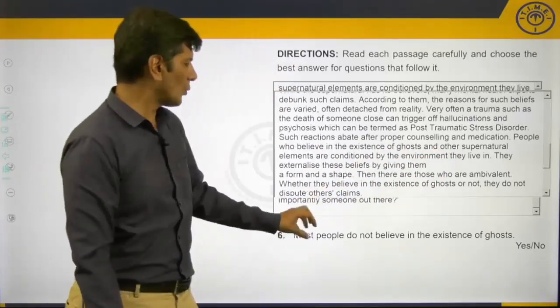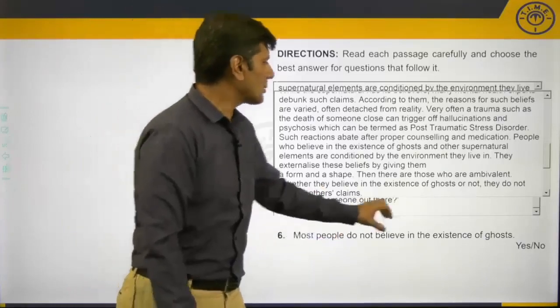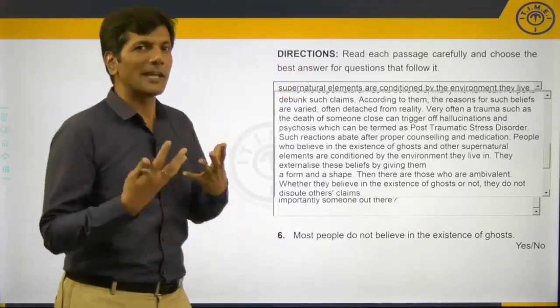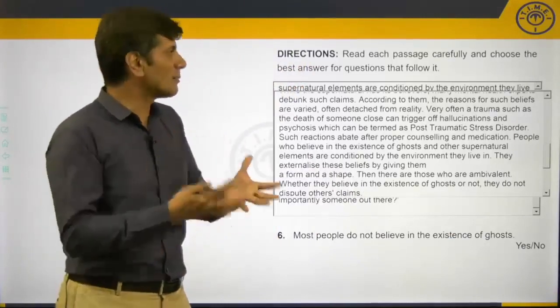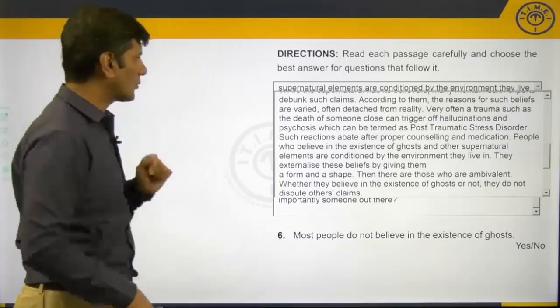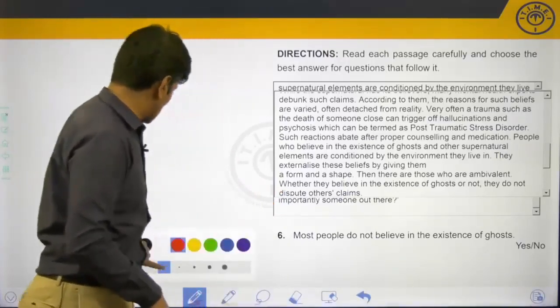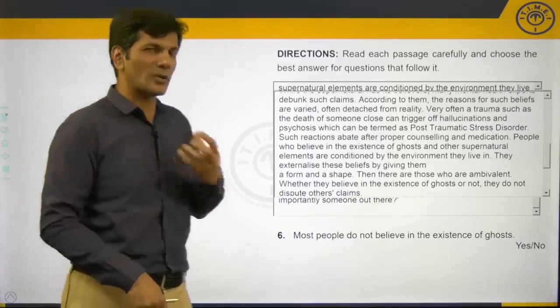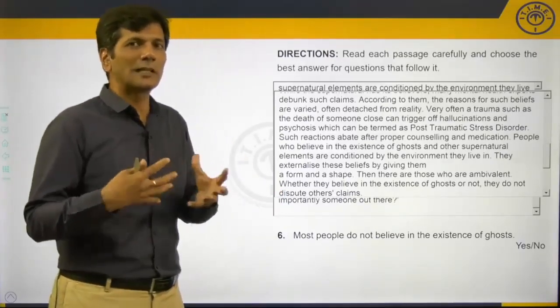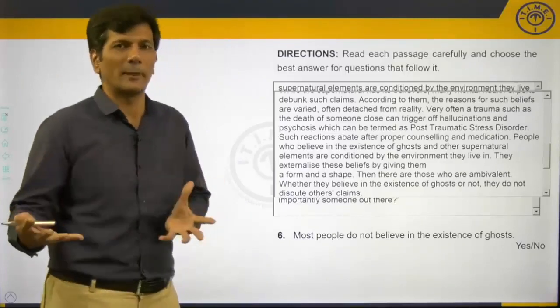So your question says, most people do not believe in the existence of ghosts. So the answer to this question also would be a yes, because there are some people who believe, but in this particular case, what you have to pay very close attention to is this: the kind of words that questions use, or sometimes answer options use, tend to sort of trick you into thinking the other way.